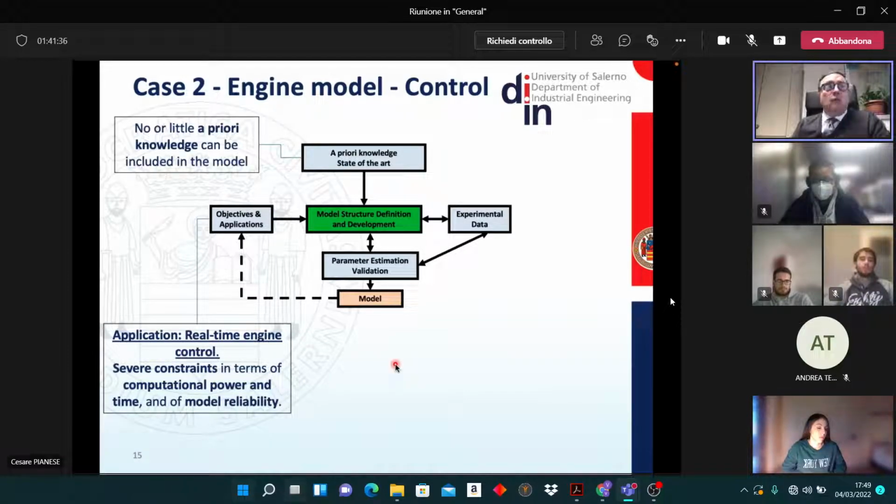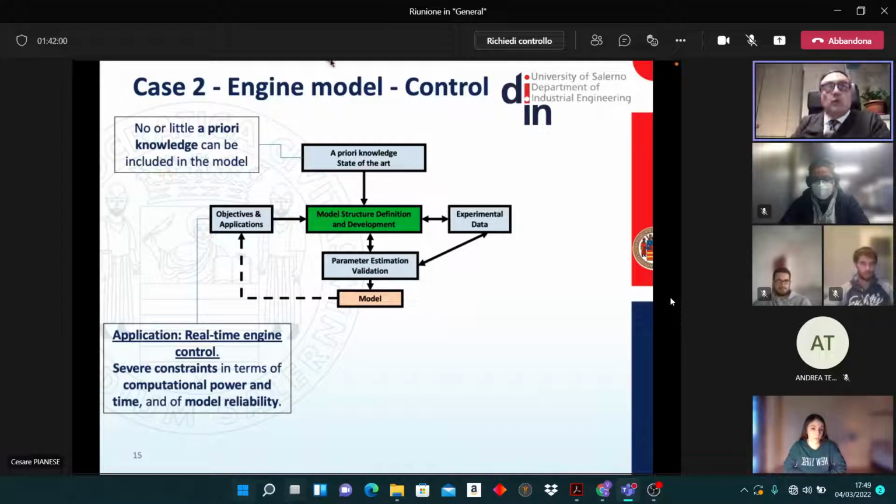You may have a lot of knowledge, but you cannot include this in your model. You see here, you have the knowledge, you know all the problems of combustion, emission formation, or whatever, but you are not able to put this within a controller. So this is a limitation.